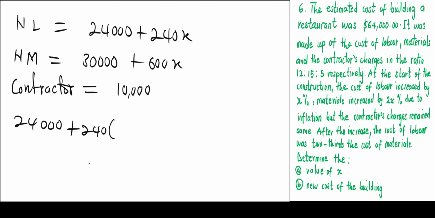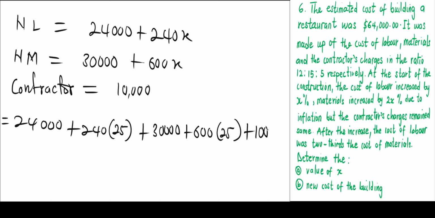Okay, we are finding the new cost. Then multiplying 25 because the x is now 25. Then plus the new cost of material, which is 30,000 plus 600x, but the x is now 25. Then plus the contractor's charges, which is 10,000.